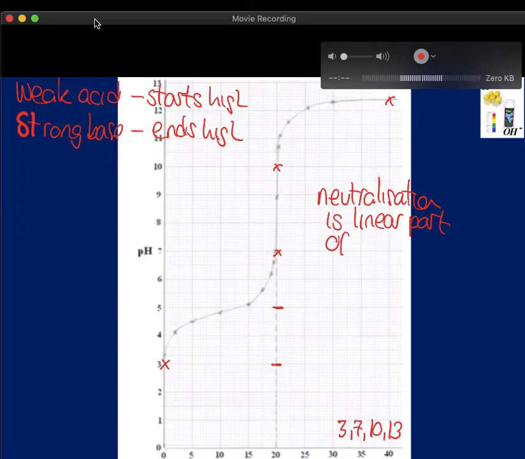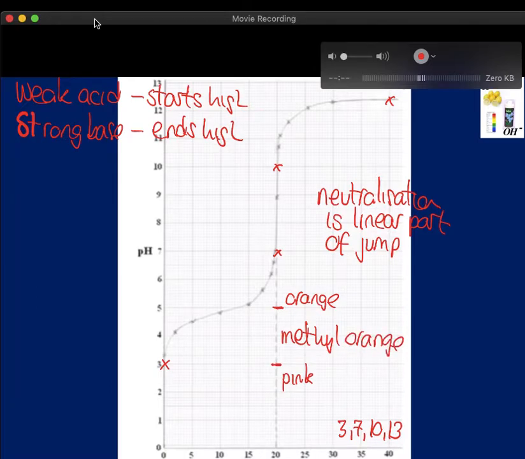And we've already changed color before we've ever gone to neutral. So we have down here that it would be pink, and here that it would be orange. And so methyl orange is not a suitable indicator for a weak acid, strong base, and it's not the one that we used, so we can't use that.